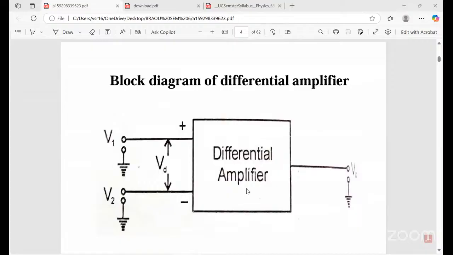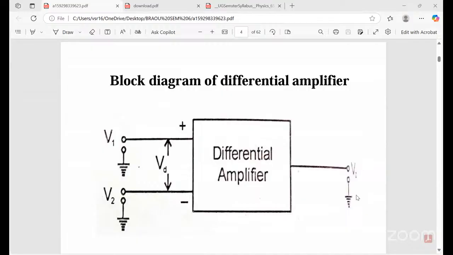This is the differential amplifier, with one signal having voltage V1 and another having voltage V2, and the positive and negative terminals are there. The difference gives you the difference voltage VD, and when it is fed through this differential amplifier, you get the output voltage V0.